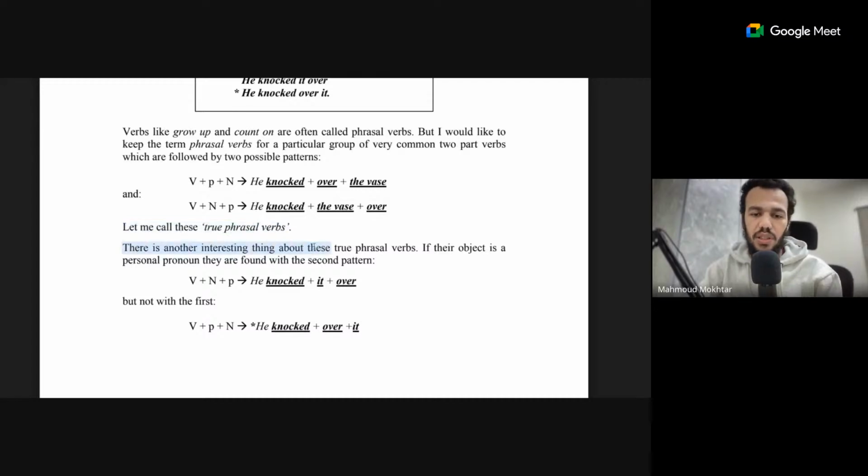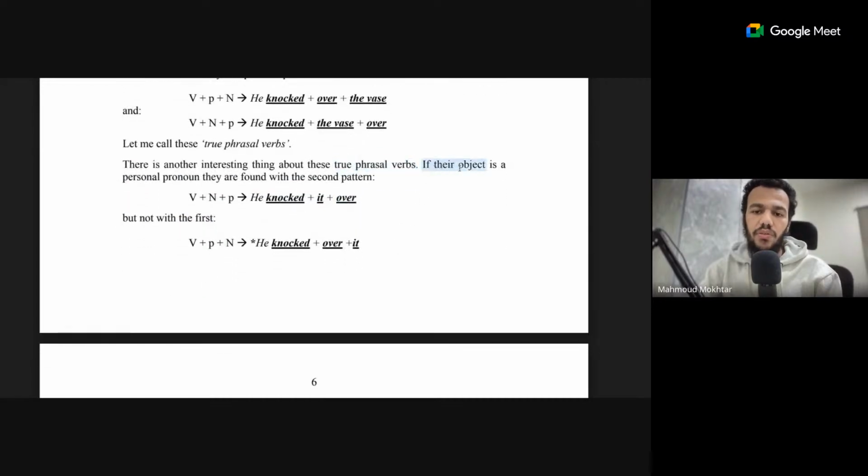There is another interesting thing about these true phrasal verbs. If their object is a personal pronoun, they are found with the second pattern.